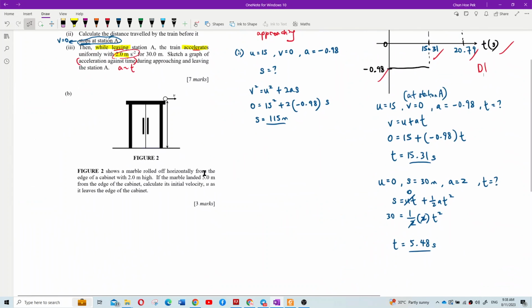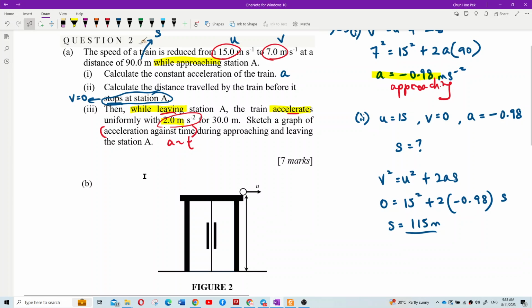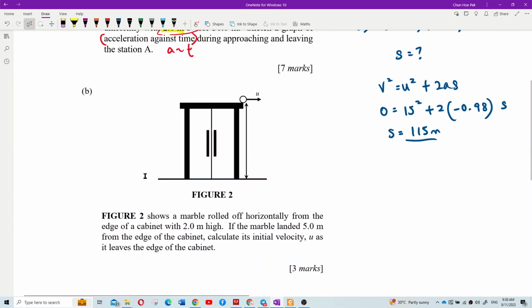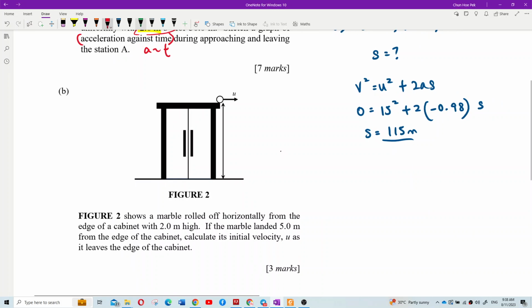Now let's look at this. A marble rolls off the edge of a cabinet 2 meter high. If the marble landed 5 meter from the edge, calculate the initial velocity when it leaves the edge. So this is 2 meter high.